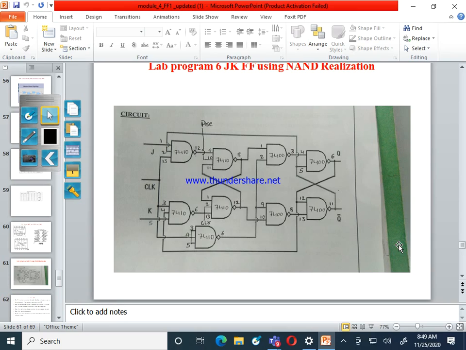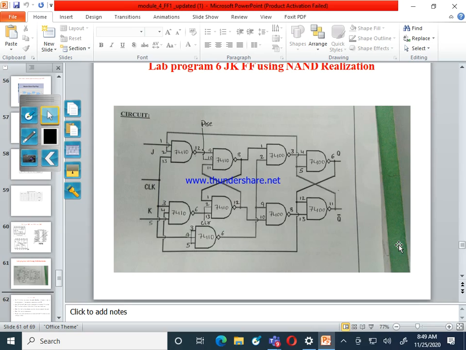Next, the third point. When the clock is too high and J is equal to 1, K is equal to 1, what type of problem will you get? The output is always toggling between 0 and 1, 0 and 1.